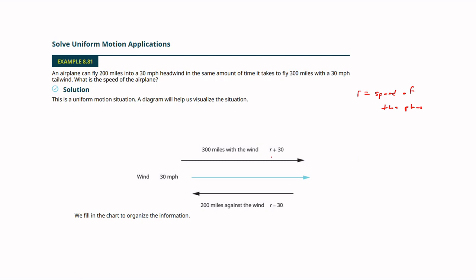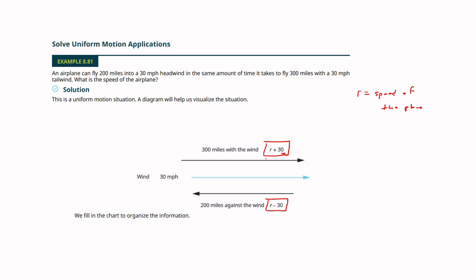They're saying the wind is helping at 30 miles an hour. So I've got my own speed, but the wind is pushing behind me, so the speed of the plane is now r plus 30. On the way home, our plane still has the same speed, but it's now fighting against the wind, so our speed is slowed down by the 30.